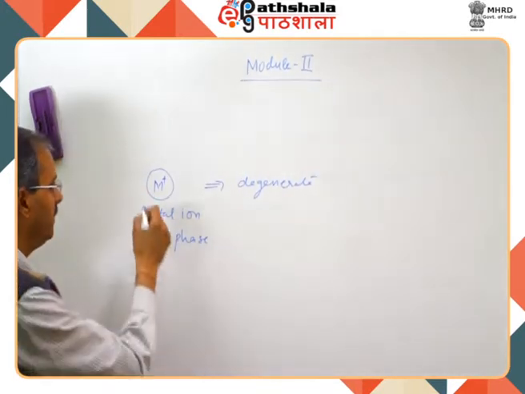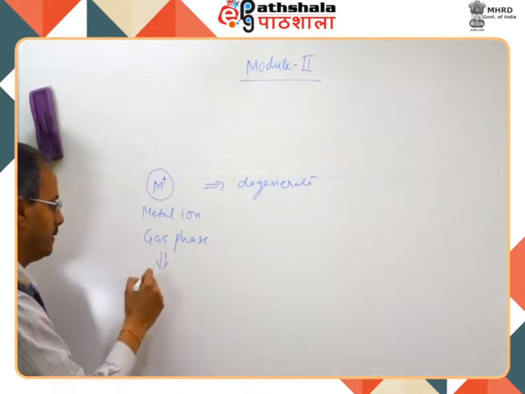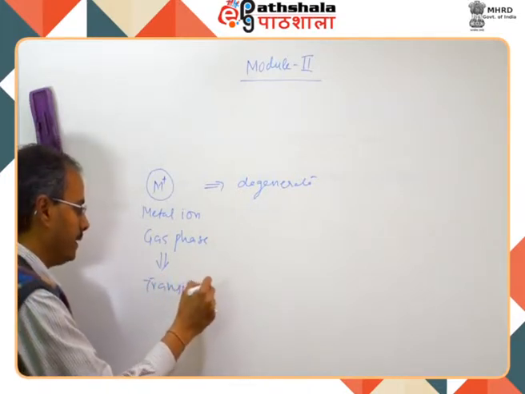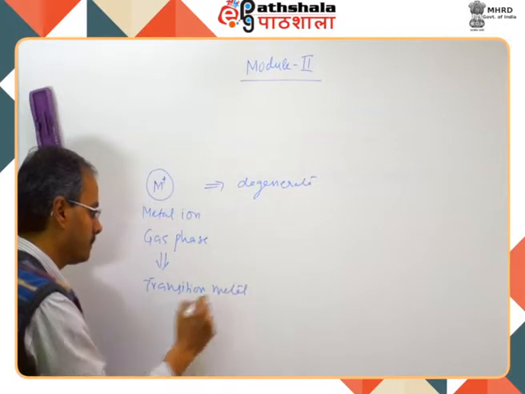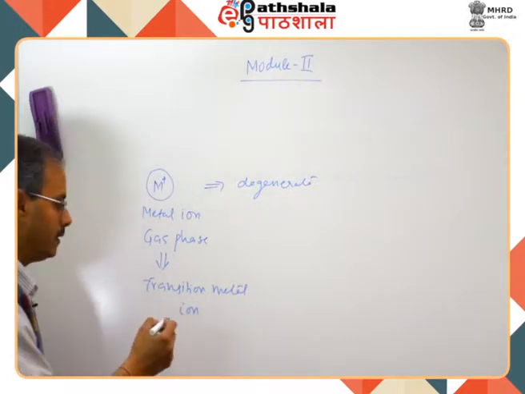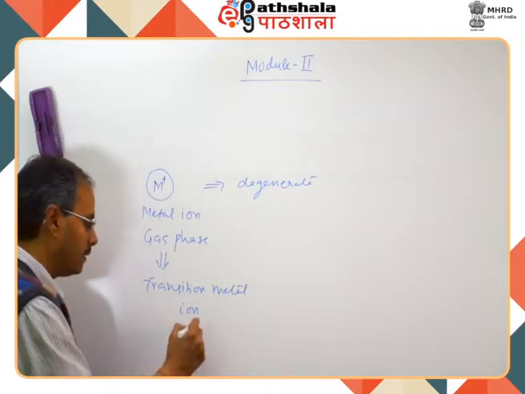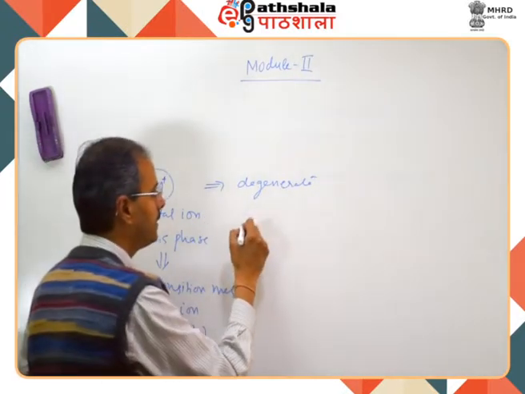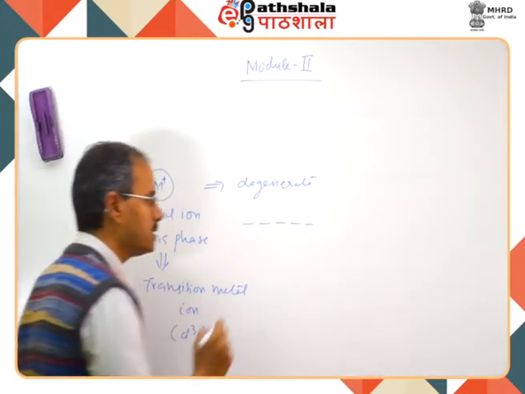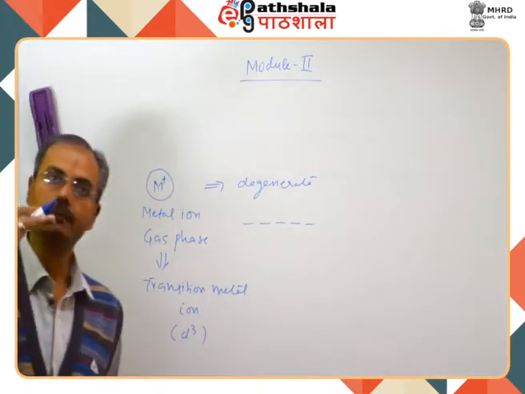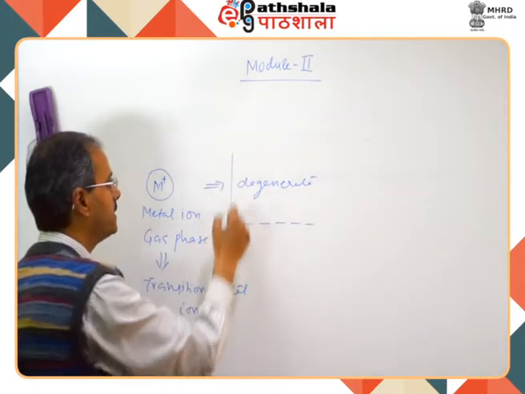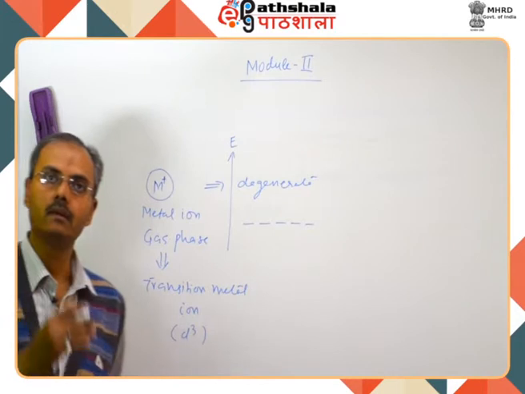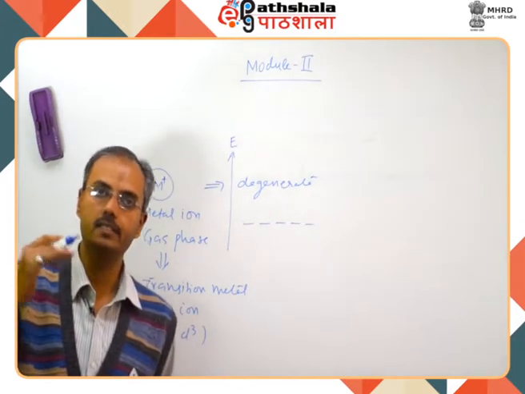That means if we take this metal ion as a transition metal ion, let us say with d3 electronic configuration, when we say degenerate, all these orbitals are going to be at the same energy. That means if this is the energy scale, all these 5d orbitals are going to be at the same energy state.